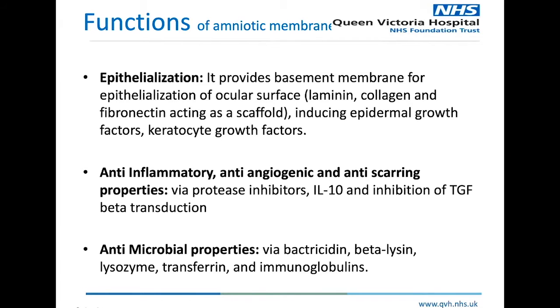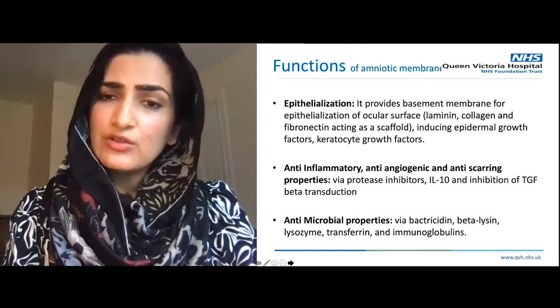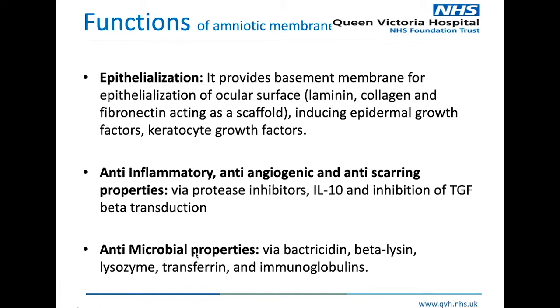It has anti-inflammatory, anti-angiogenic, and anti-scarring properties, with the presence of protease inhibitors, interleukin 10, and inhibition of the beta transduction pathway. Antimicrobial properties have also been discussed in the literature, with components like bactericidin, beta-lysine, lysozyme, transferrin, and immunoglobulins that this natural tissue possesses.